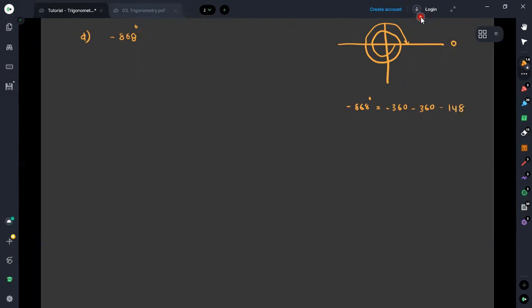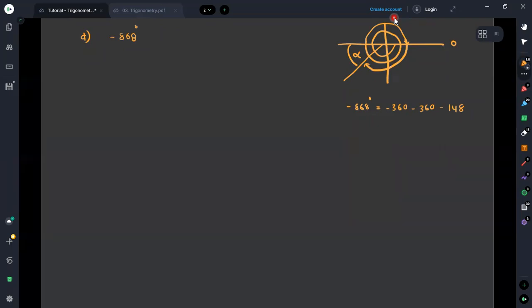If you measure 148 degrees in this direction, it will come to some point like this. Therefore, the entire angle gives the value minus 868 degrees, since we are measuring the angle in the negative direction. We need to find the associate acute angle alpha, and now it is in the third quadrant.